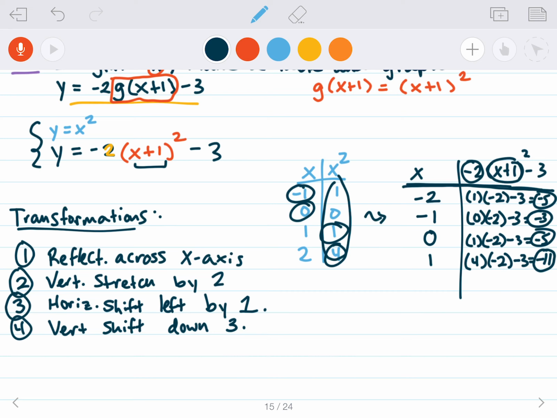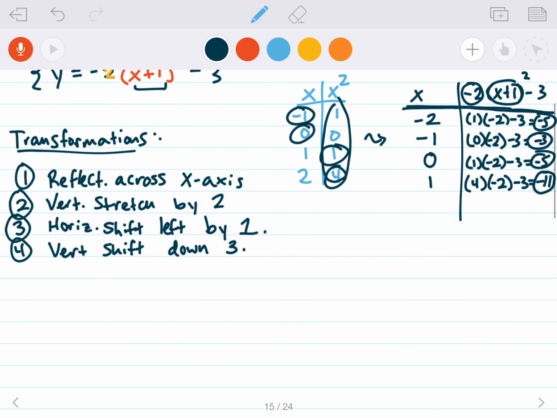Okay, so those are my new function values, and we can go ahead and just do a rough sketch. So first, my parent function, I have (-1, 1), (0, 0), (1, 1), (2, 4). So it's going to look something like this.